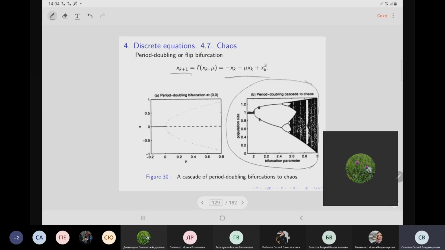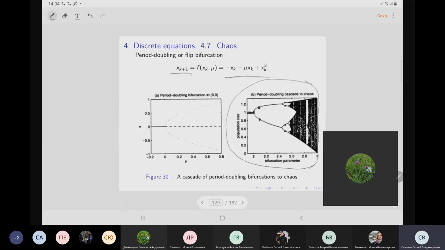Then with further increase of mu, there are 4 period solutions like this. And with further increase, the motion of our equation becomes absolutely chaotic. And we have no idea what is the final result with any given initial position.